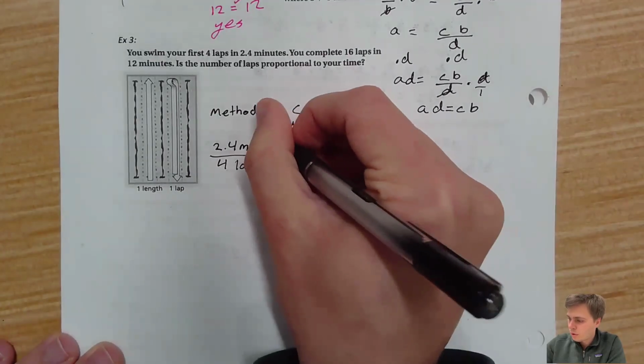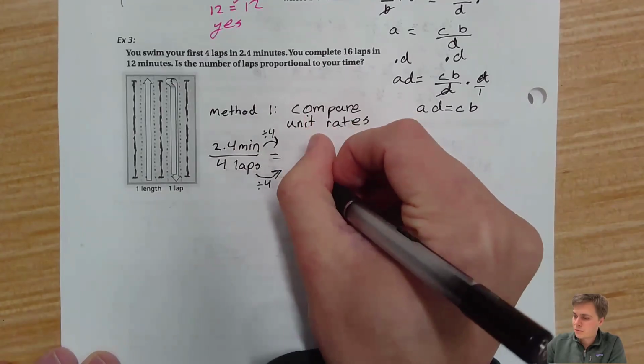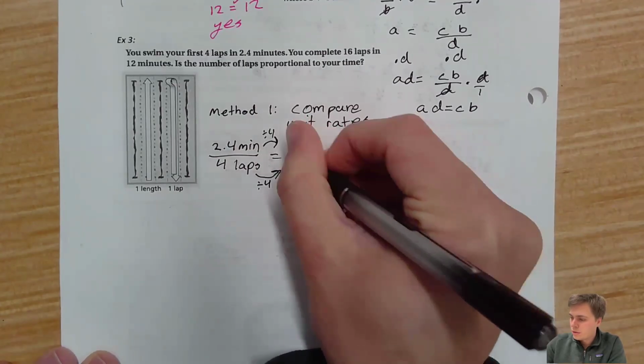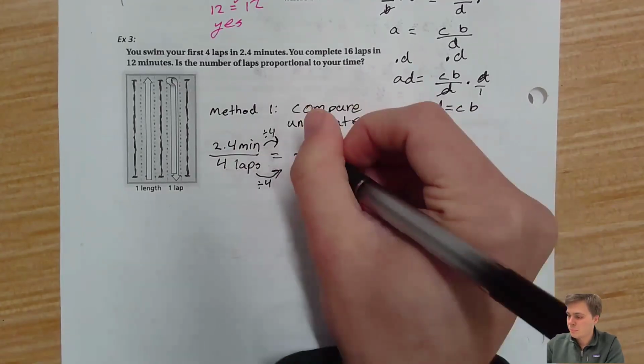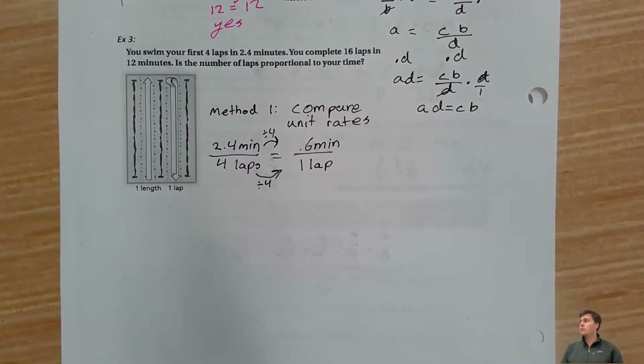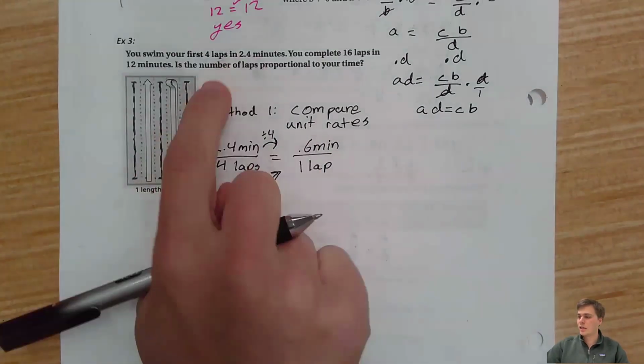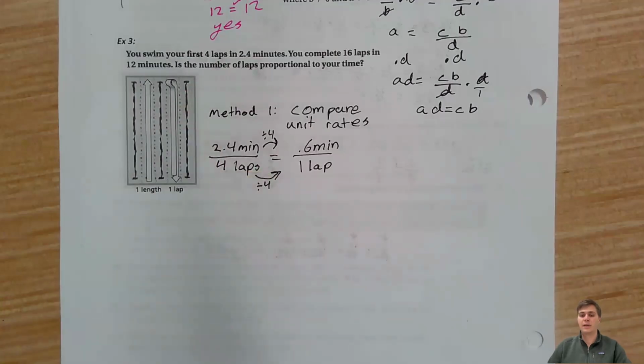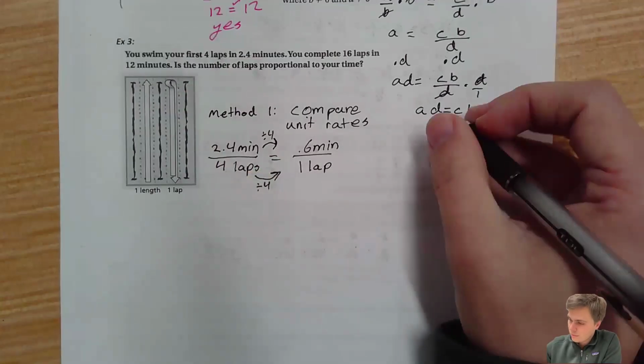That means for every 1 lap, 2.4 divided by 4 means 0.6 minutes. If this unit rate is the same as our other one, the 12 minutes over 16 laps, then we'll be in a good spot.